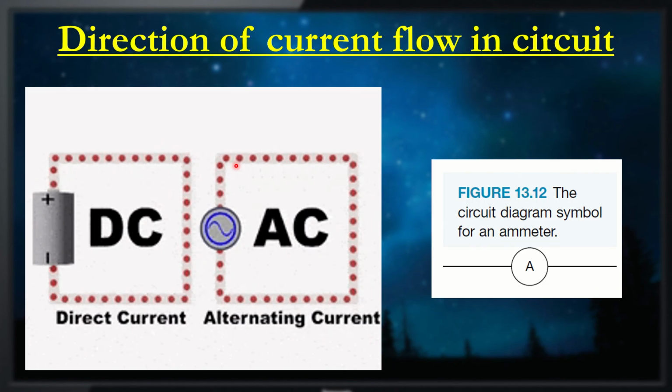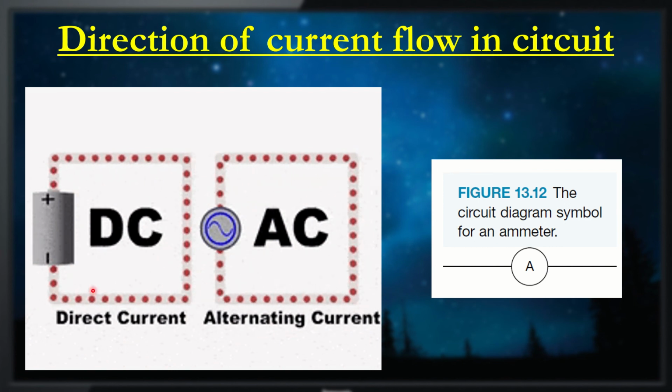There are also two types of current flows that we see, and you'll also see in your power supply. One is called DC current, or just DC, which stands for direct current. We also have AC electricity, which stands for alternating current.